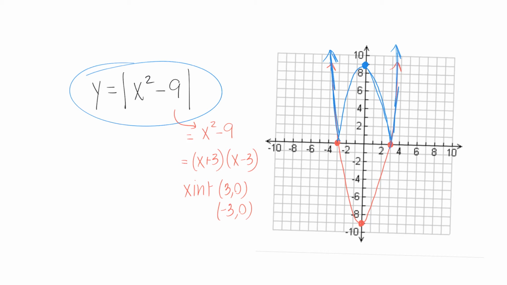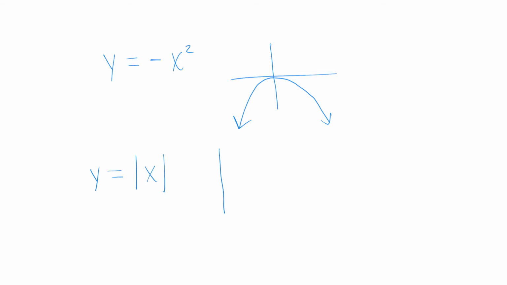Now, like any good quadratic, we can turn this thing upside down. So, what happens in quadratics if we put a negative in front of our x squared? What does that automatically do? What does negative x squared look like? It turns your whole parabola upside down. The exact same thing is going to happen in absolute value. So absolute value of x, we learned in our last lesson, is a v that opens up.